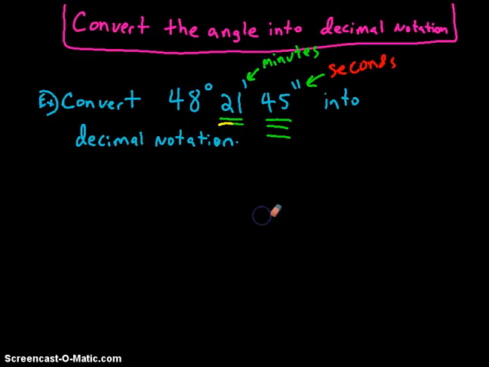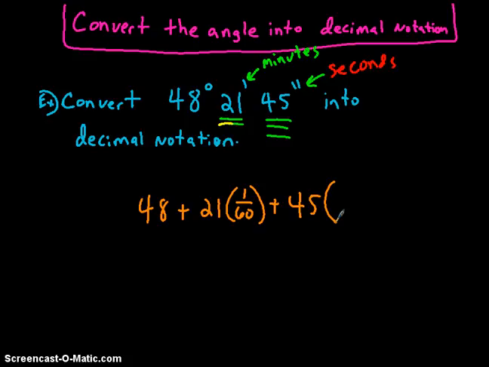So if I want to change that 48 degrees, 21 minutes, 45 seconds to decimal form, basically you take 48 degrees, and you're going to add 21 times 1/60, plus 45. And because that's in seconds, you multiply that by 1/3,600. What you already know is when you multiply a number by a fraction, that number is multiplied to the numerator.